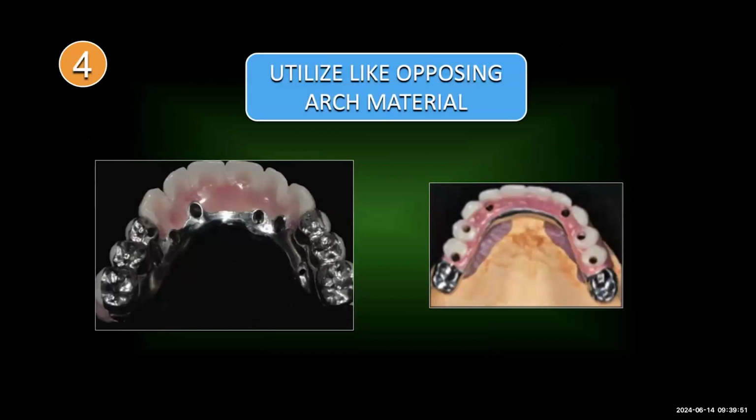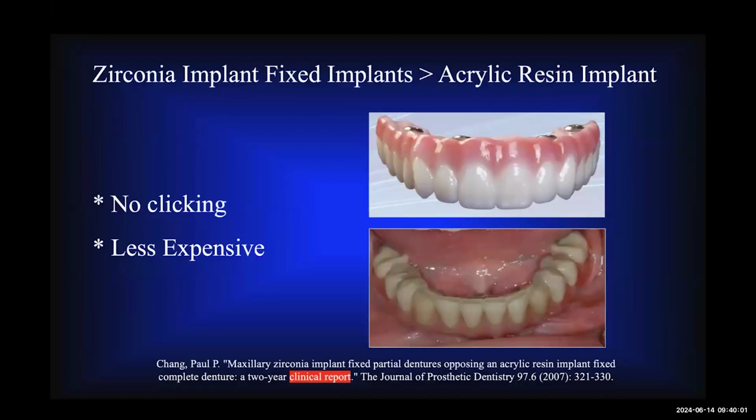I often get this question: what type of material, what type of prosthesis do I want opposing my implant prosthesis? If we go back into the literature, in 2007, this article came out that basically said if you have a zirconia prosthesis, you should do acrylic resin opposite that.